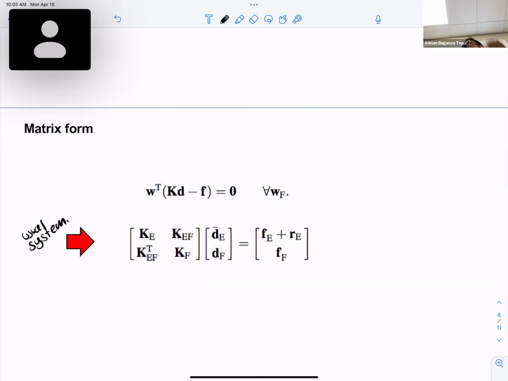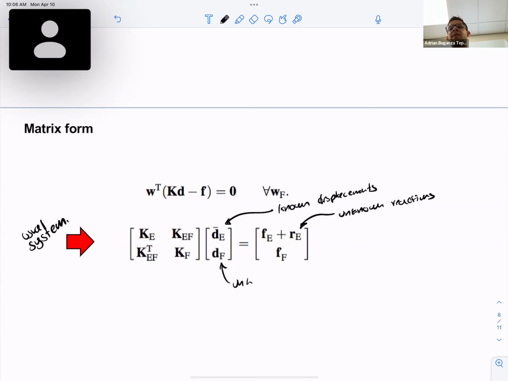You can split your global stiffness matrix into these known displacements, those known displacements have unknown reactions, and these are the unknown displacements.